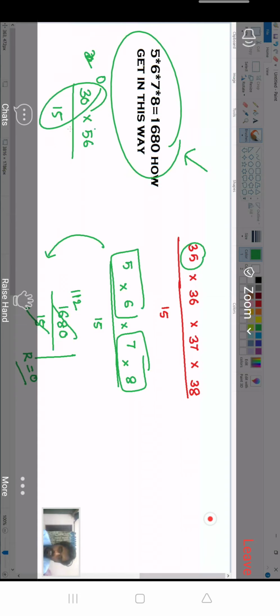So 56 by 15, 15 threes are 45, we are left with 11. So 0 into 11 gives a remainder of 0. You can mark your answer choice as 0. You will get the same answer, but the thing is you have to save your time. That is our main agenda.